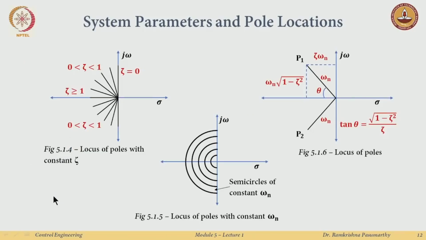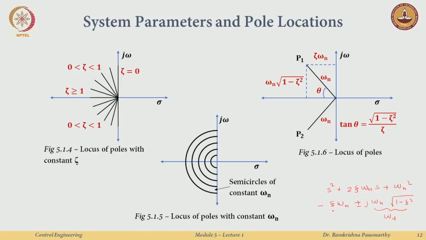If I just look at the poles, I am looking at the solution to the equation s square plus 2 zeta omega n s plus omega n square. For the underdamped case, my roots were minus zeta omega n plus minus j omega n square root 1 minus zeta square. This is for zeta less than 1, and this quantity I called omega d.